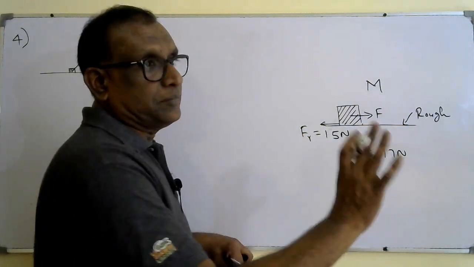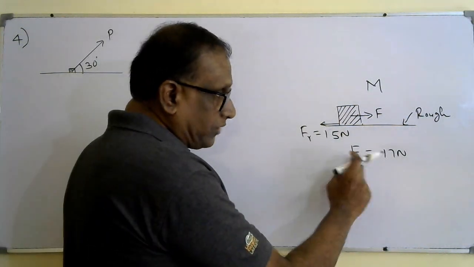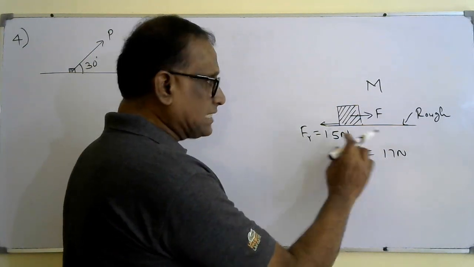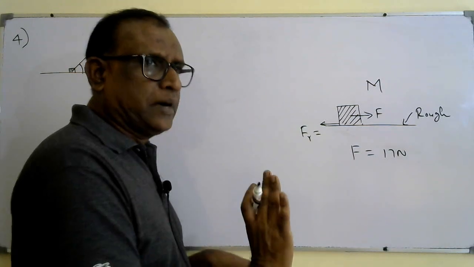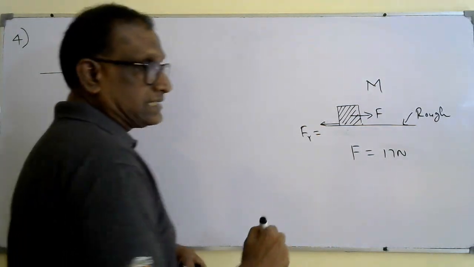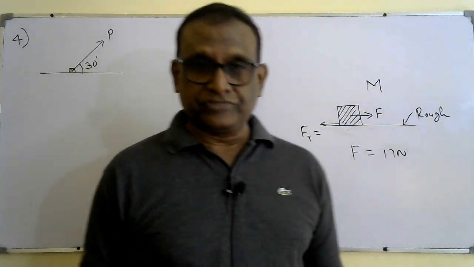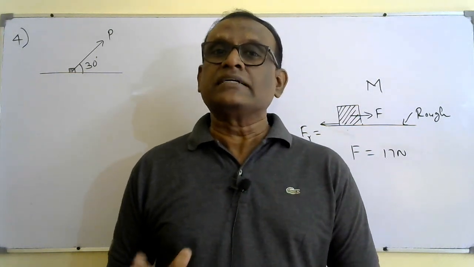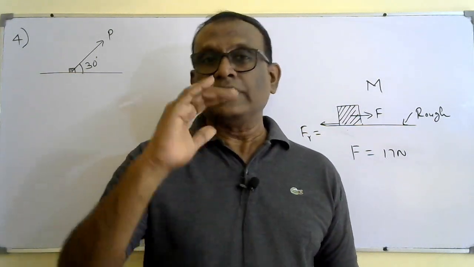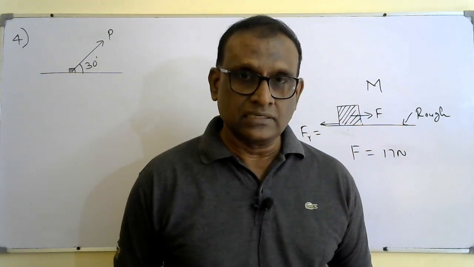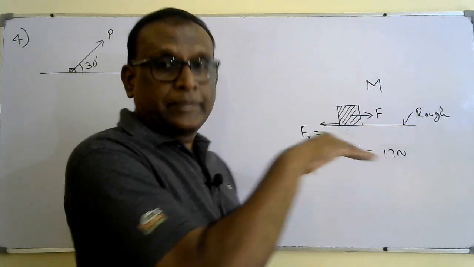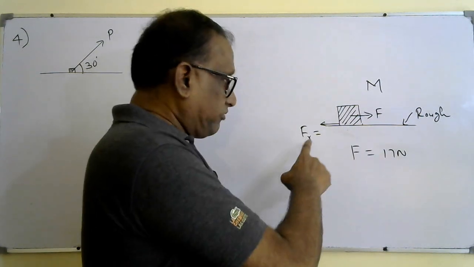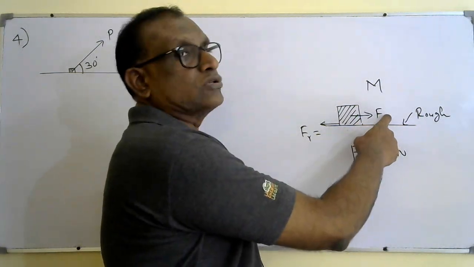But still the friction will be there. When you apply a force of 17 Newton, it's almost starting to move, but not moving. When it's about to slip, that friction is called the limiting friction. So limiting friction is the maximum friction between the two contact surfaces. Until it reaches the limiting friction, the friction will always balance the force applied to it.